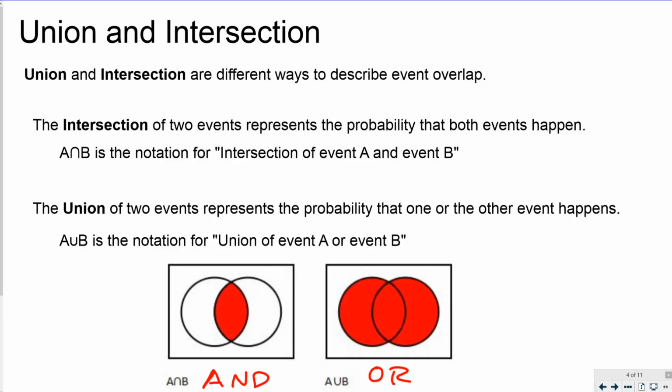If A and B happen, then either A or B happened. So the probability of the union of two events is either A or B. You can see those illustrated on the two Venn diagrams down below: intersection on the left, and union on the right.